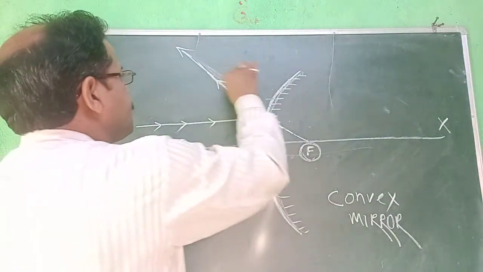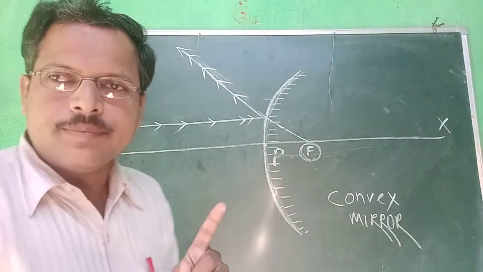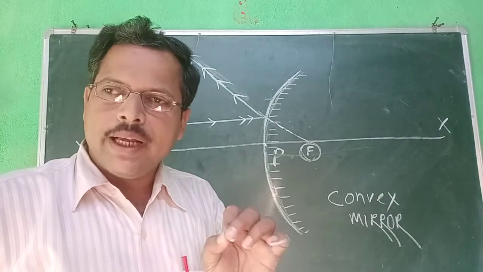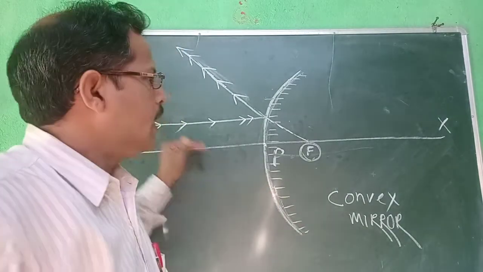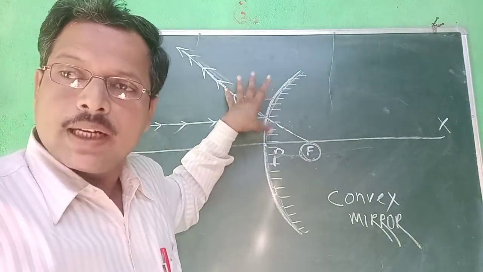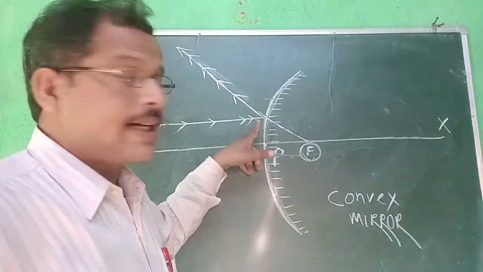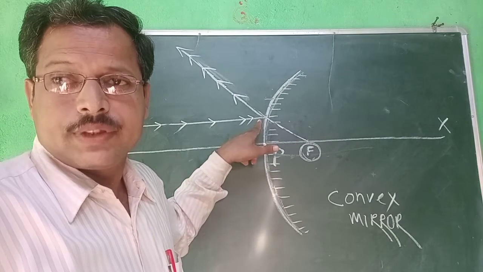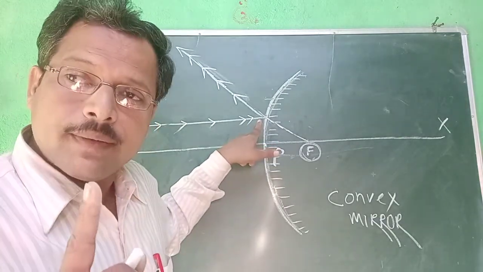Again I say, when a beam of light comes parallel with the principal axis, after being reflected on the reflecting part of a convex mirror, the reflected ray gets diverged. In which way?